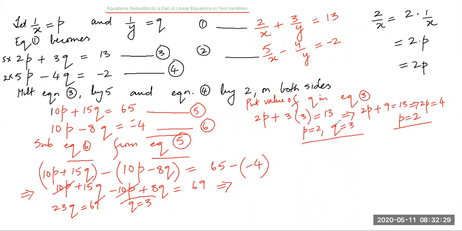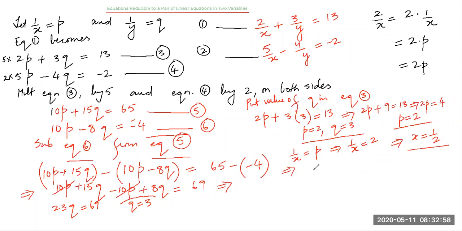But that was not my aim. My aim was to find the common solution of this equation in terms of x and y. Now we know that 1 by x we had assumed as p. So 1 by x is equal to p, so from this I get 1 by x is equal to 2. Now cross multiply, take x there, 2 here. So that means x is equal to 1 by 2.